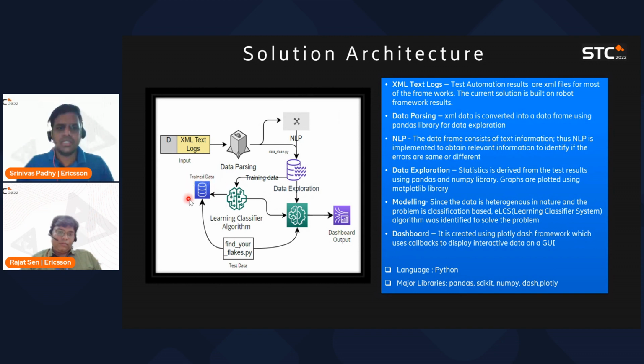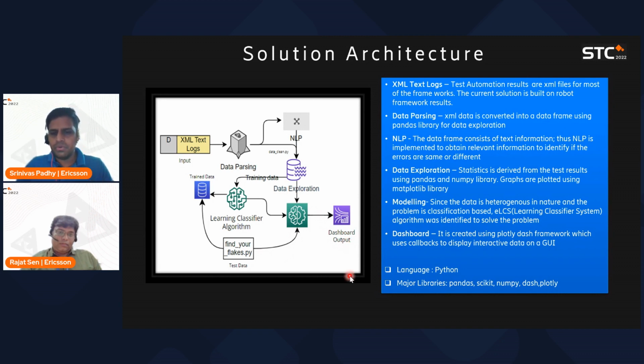This was my input data that I was showing before. Post that, if you provide any output logs, this particular piece of Python code will be running, and it will present it on the dashboard that I showed. This is how the solution architecture looks.